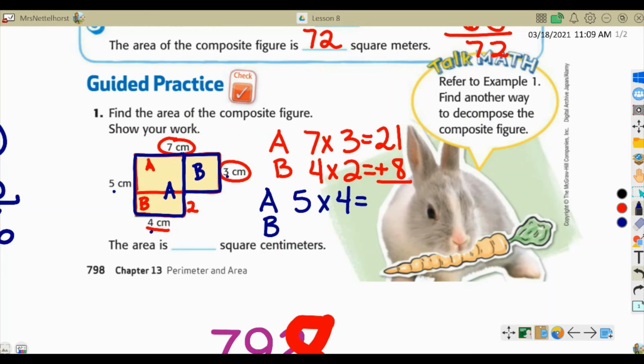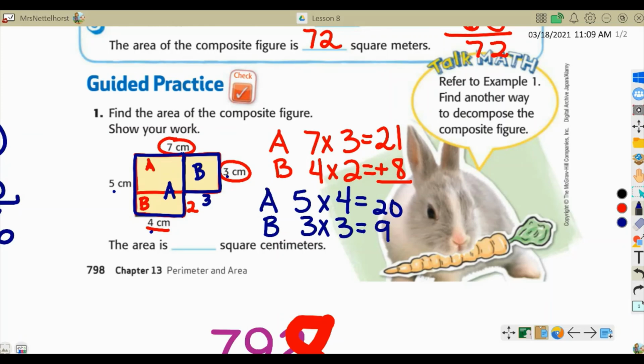Now this one, you used up 4 for the other rectangle, so 7 minus 4 is 3. So this is 3 down here. So this one is 3 times 3. Okay, 5 times 4 is 20. I'm making it small because I have to put my red answer up here. And 3 times 3 is 9.